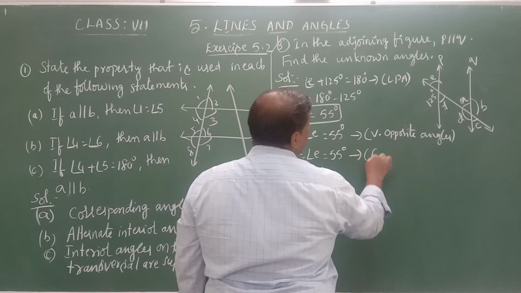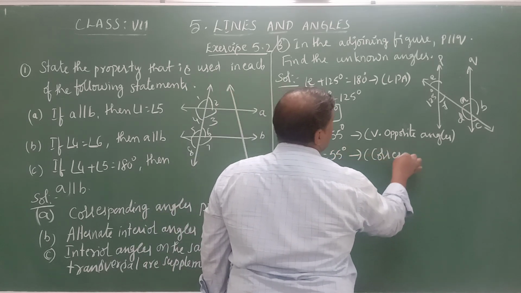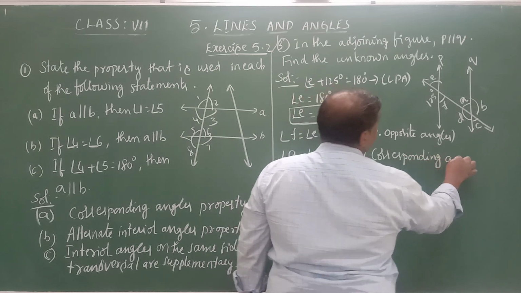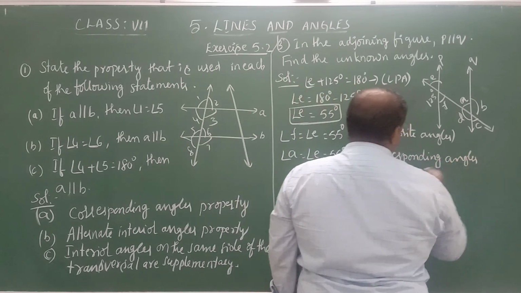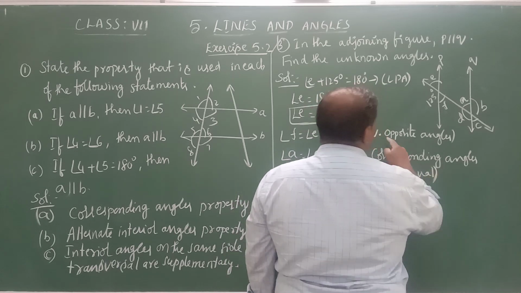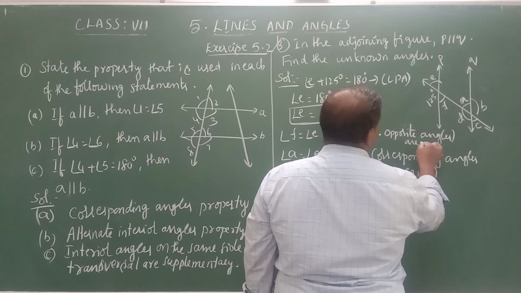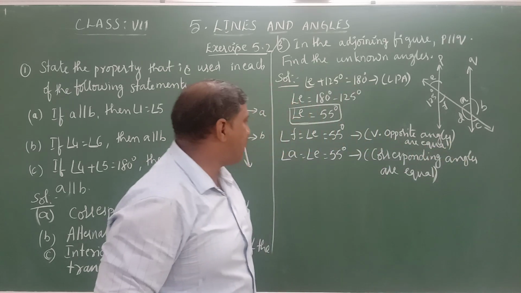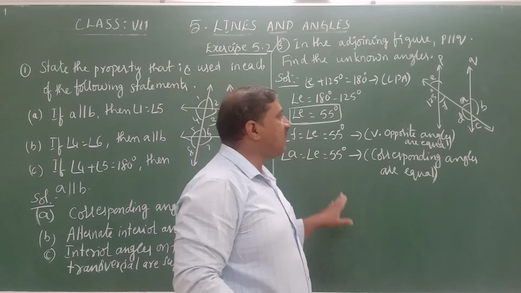What is the reason? Corresponding angles are equal. They are equal from the parallel lines. Vertically opposite angles are also equal when two lines are intersected. Now A we got, F we got, and E we got.